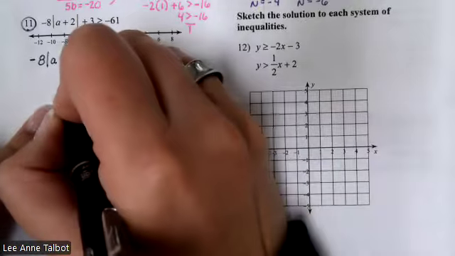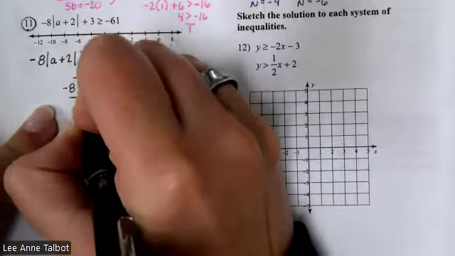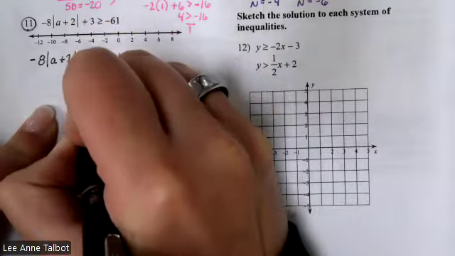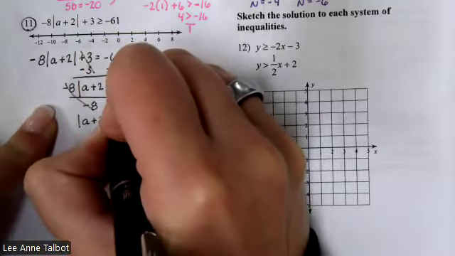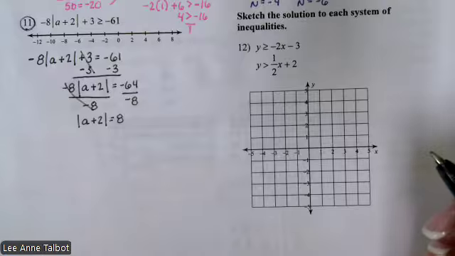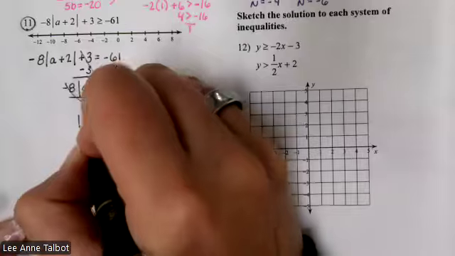Then I divide both sides by -8. And now I split it into two pieces.